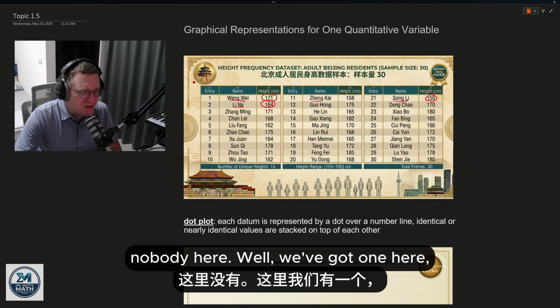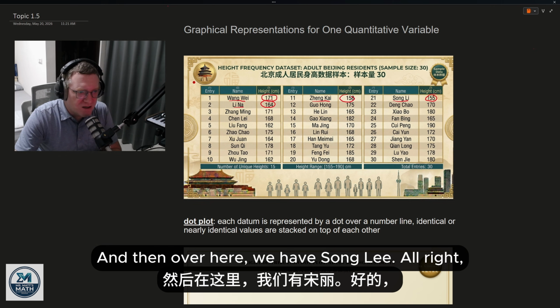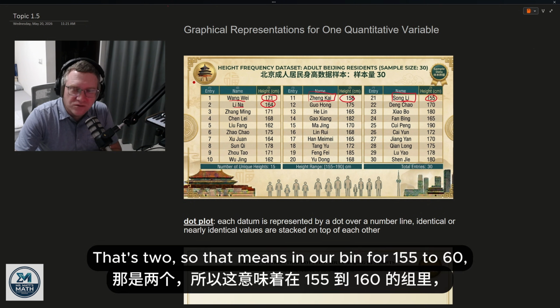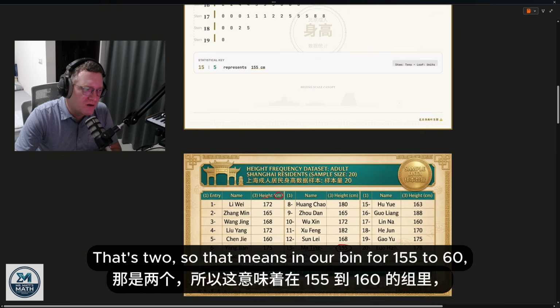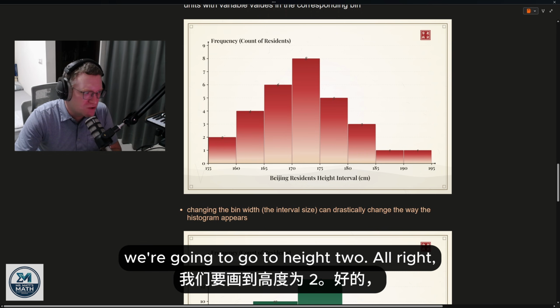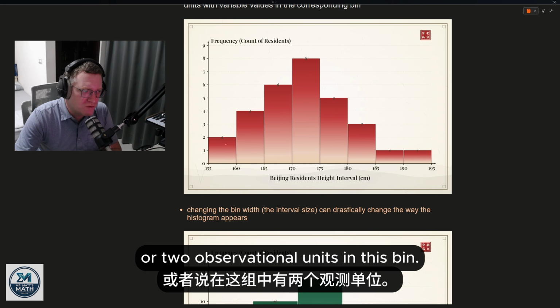Well, we've got one here, and then nobody else. And then over here we have Song Li. All right, so we just have Zheng Kai and Song Li. That's 2. So that means in our bin for 155 to 160, we're going to go to height 2. All right, so there's 2 individuals or 2 observational units in this bin.